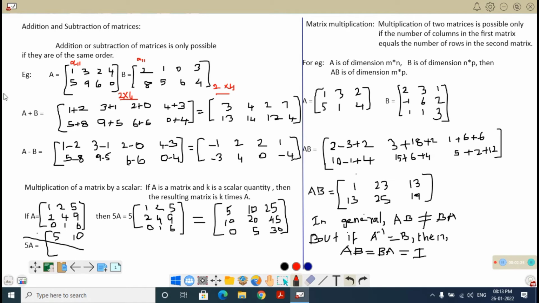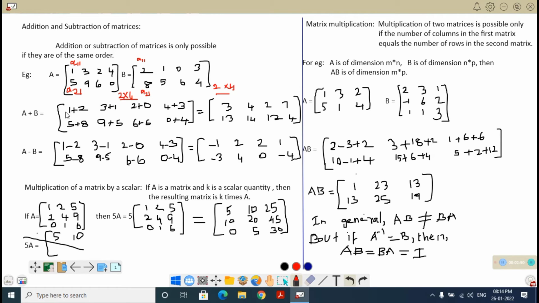Got it? Simple. So the first row is over, and coming to the second row, the first element of the second row in A must be added to the first element of the second row in B. So 5 plus 8, 9 plus 5, 6 plus 6, 0 plus 4.